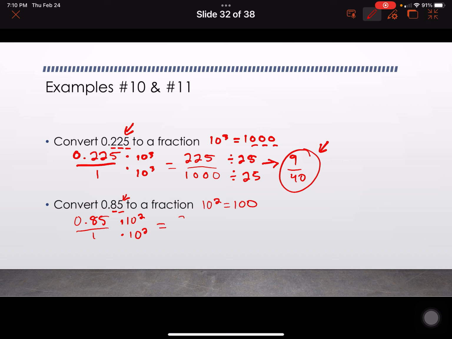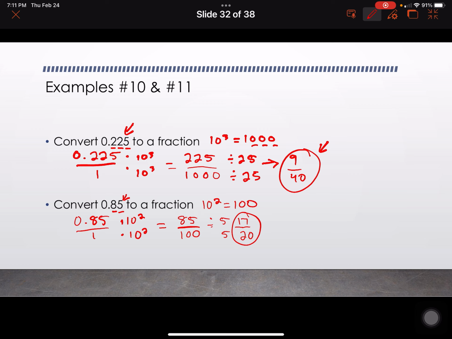So then we end up with 85 over 100. Now we'll want to reduce this again. Greatest common factor looks like it's probably 5. So this becomes, let's see, 17 over 20. And that's our reduced answer.